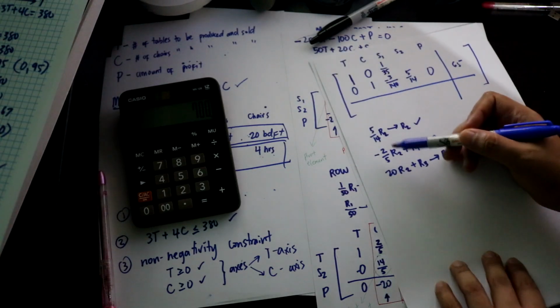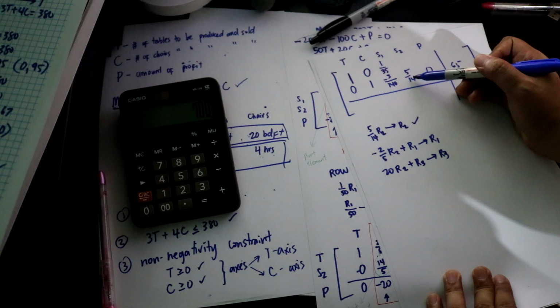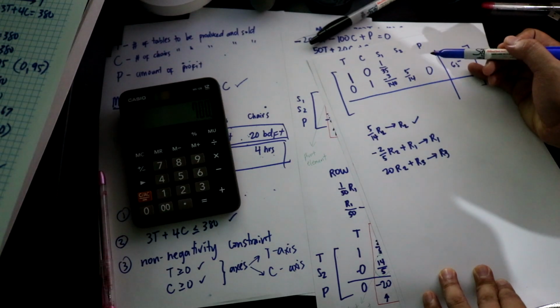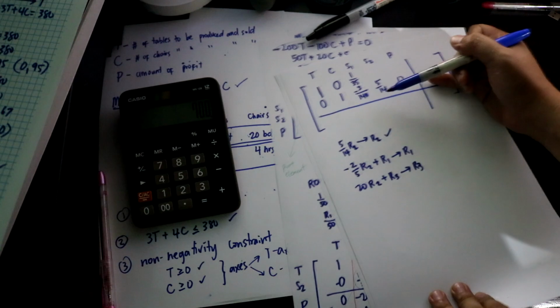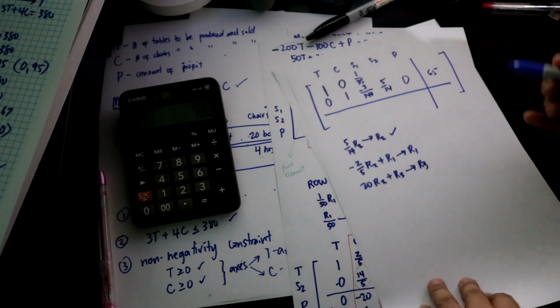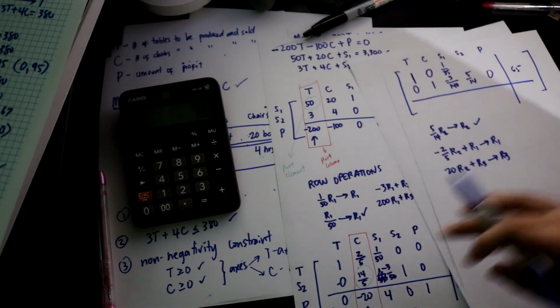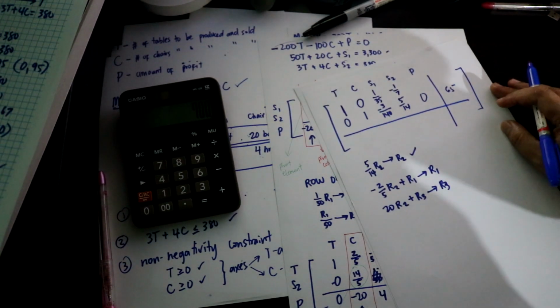Next, negative 2 over 5 times 5 over 14. We will cancel the denominator and the numerator. That leaves us with negative 2 over 14, or negative 1 over 7, plus 0. So that's negative 1 over 7.